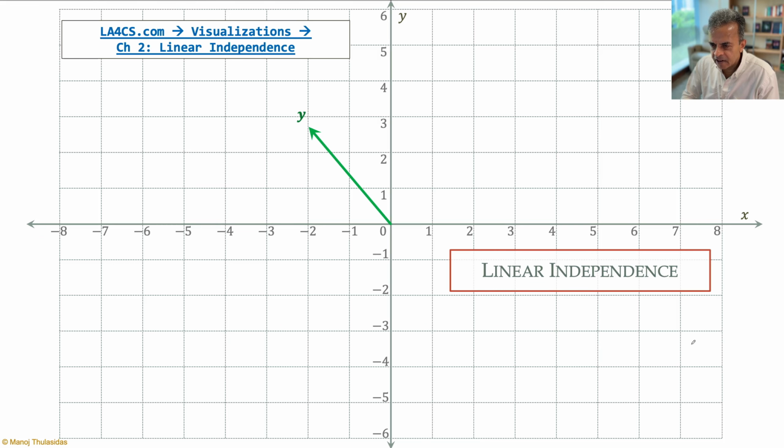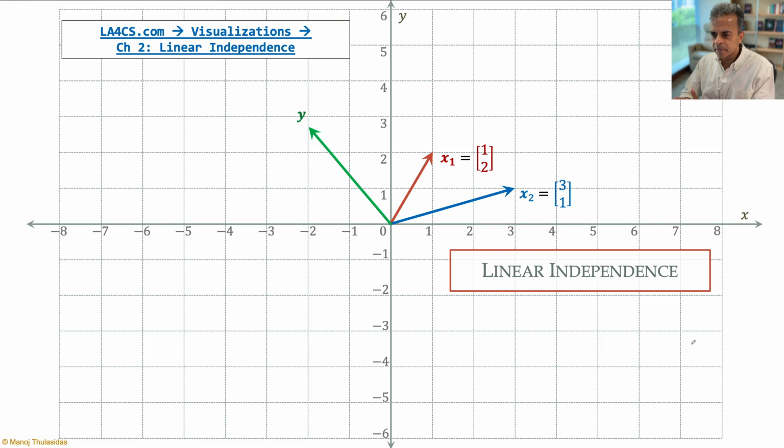Suppose I have some random green vector that I'm looking at. It looks like -2, 3.6 or something like that. And my original vectors, the linearly independent ones: my red vector is 1, 2, and my blue vector is 3, 1. Out of these, I want to create some linear combination so that I get the green vector, and at the same time, I'm hoping to see that there's only one way in which I can do this.